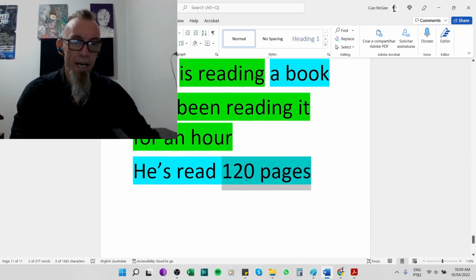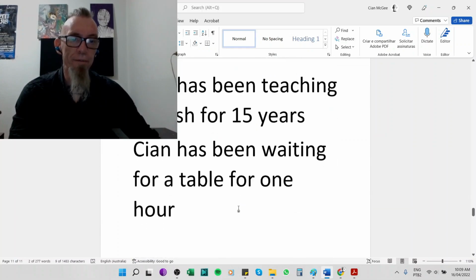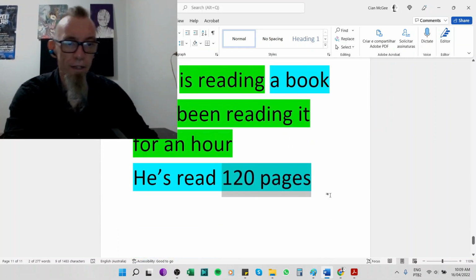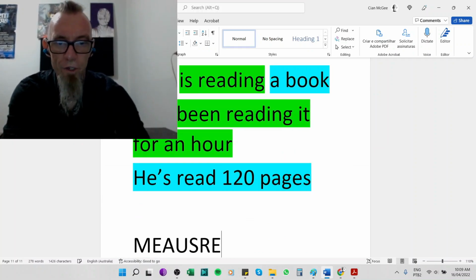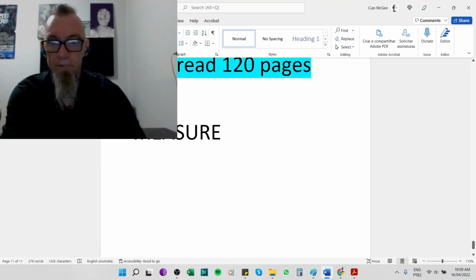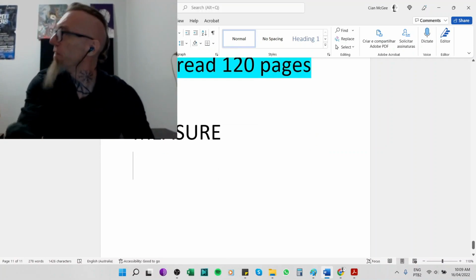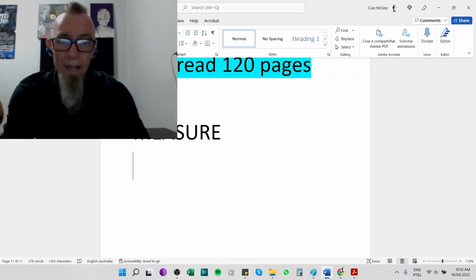So we can always, with this present perfect, what are we doing? Let's look at what we measure. Talking theoretically. All right, so what do we measure?